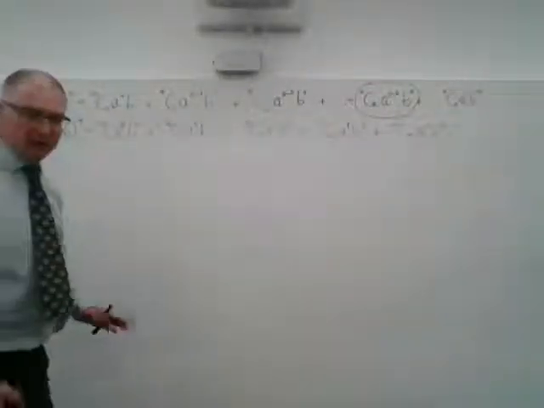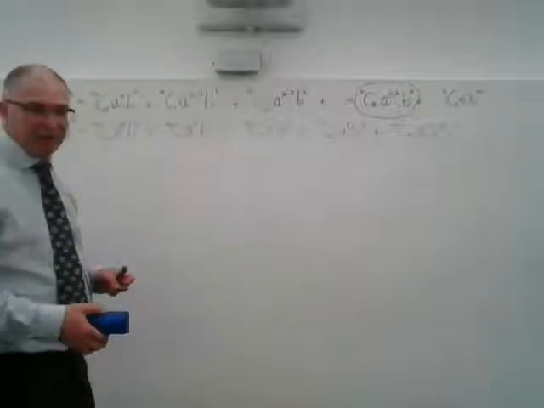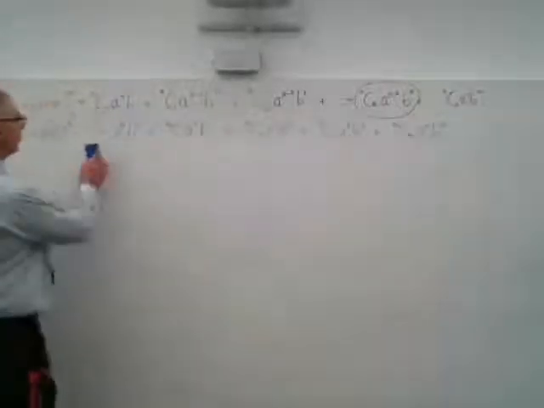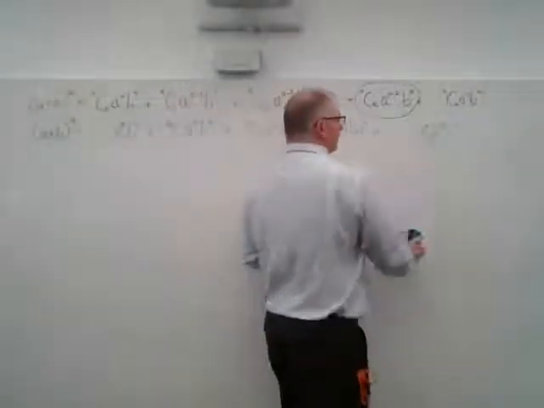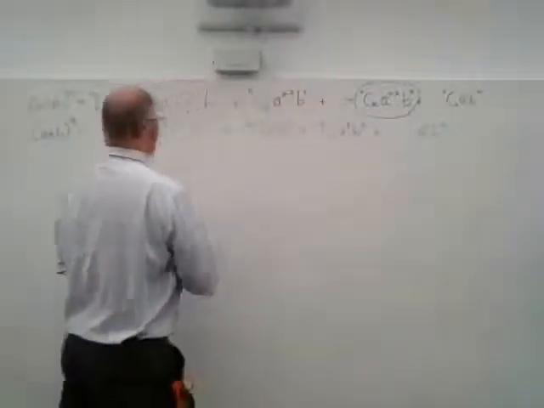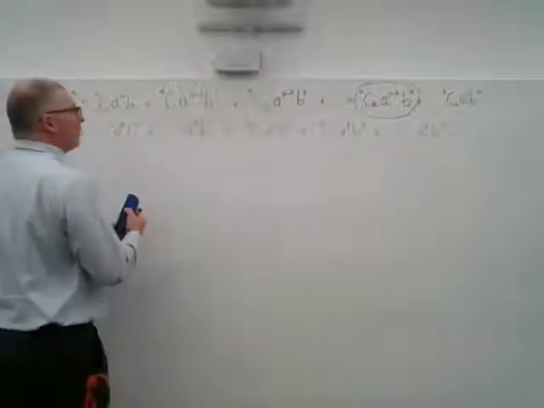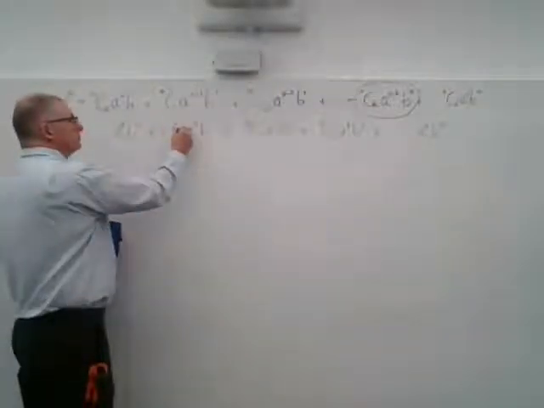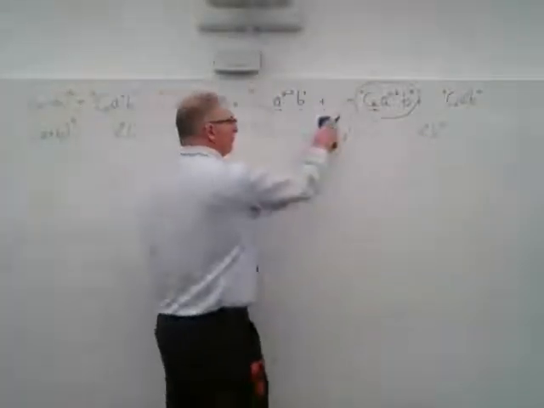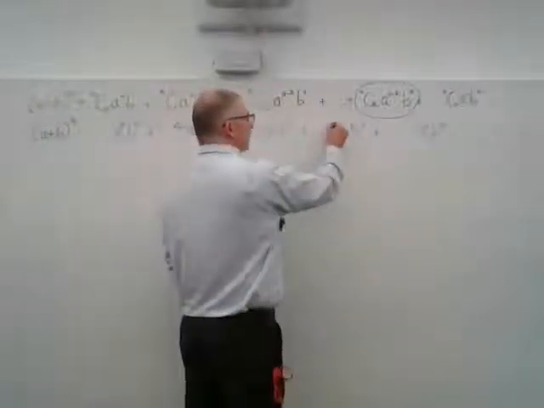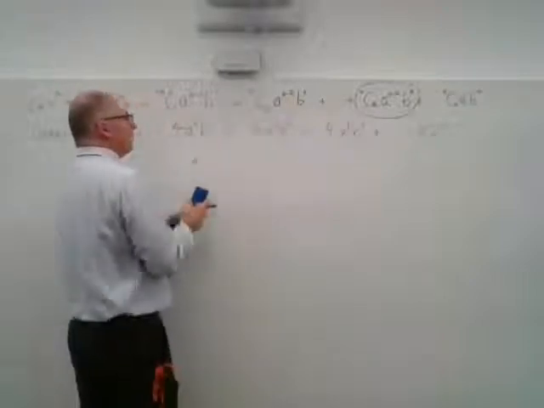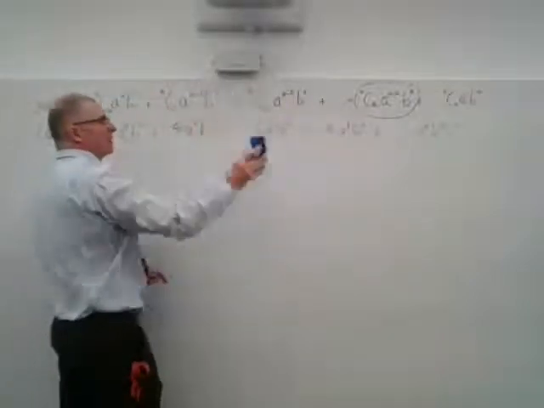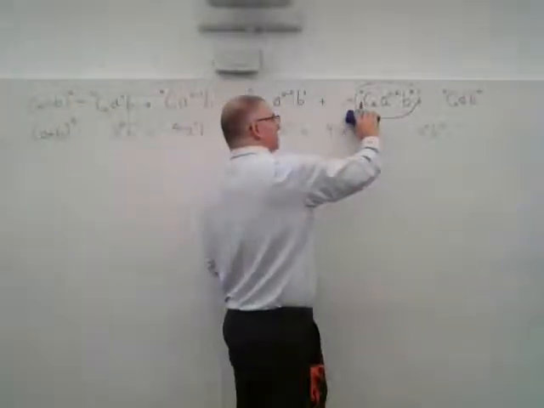When you go to Pascal's triangle, or you get on your calculator and use the C button, you can work out 4C0 is 1, and 4C4 is 1. And then 4C1 is 4, and 4C3 is also 4, and 4C2 is 6, and of course b to the power of 1 is just b, and a to the power of 1 is just a.